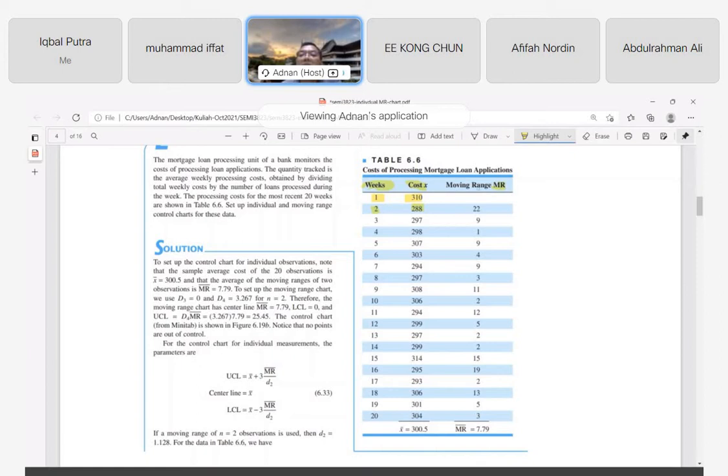The range is measuring the dispersion. I always show this normal distribution. So the mean is what we are targeting here, the center, the target. This is the setting. But the range or the standard deviation is between this line and this line.